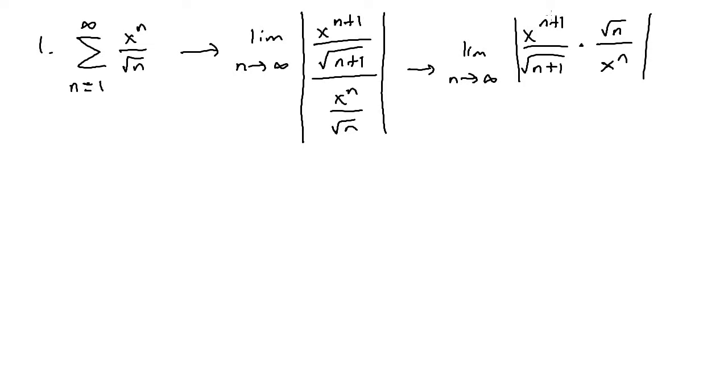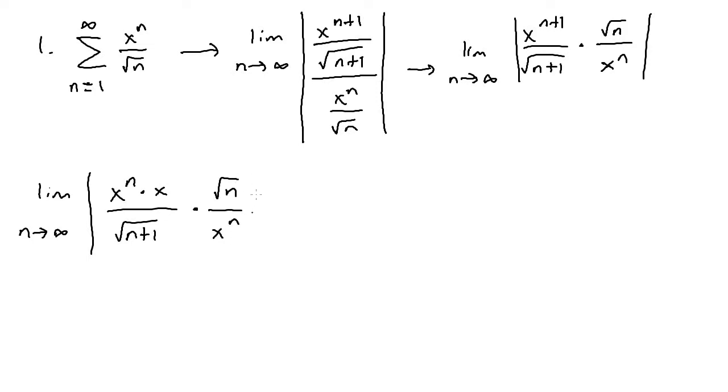So to simplify, since these powers are being added, I can break them up. If I rewrite the limit down here, I can rewrite x to the n plus 1 as x to the n times x to the first, or just x, over the square root of n plus 1, multiplied by the square root of n over x to the n.